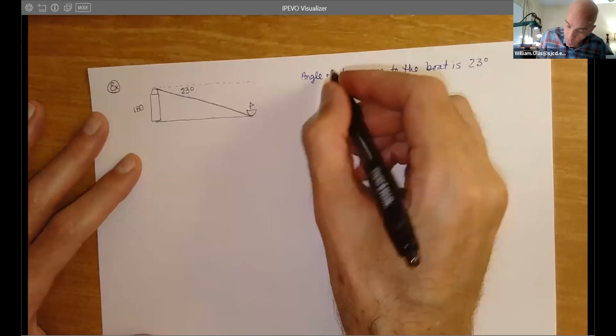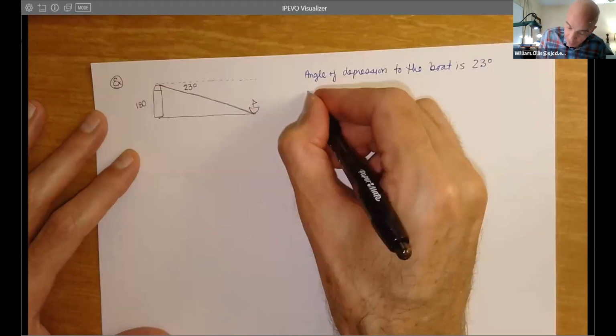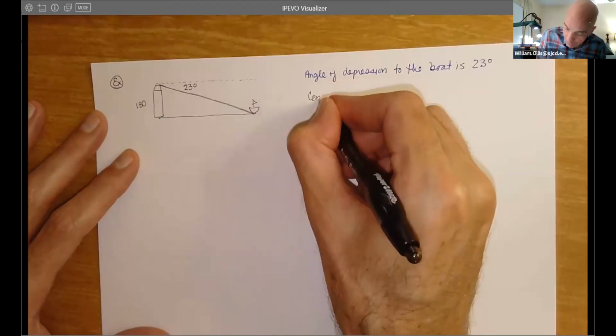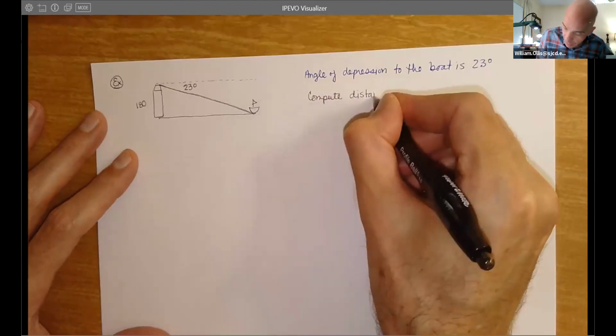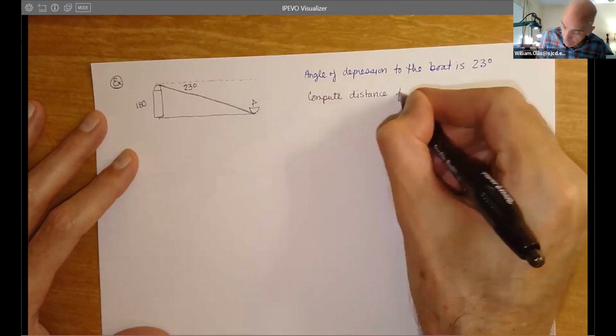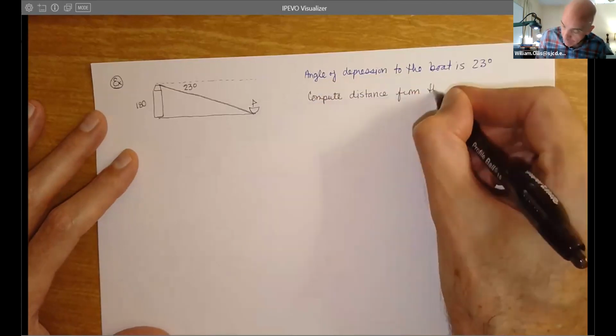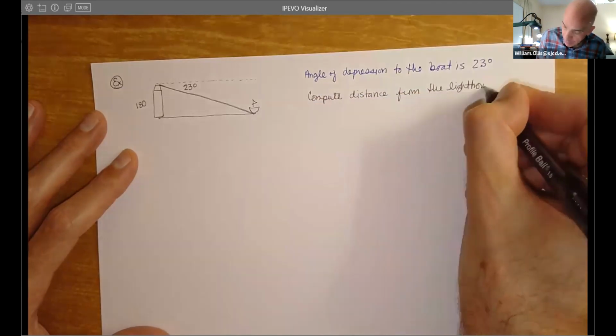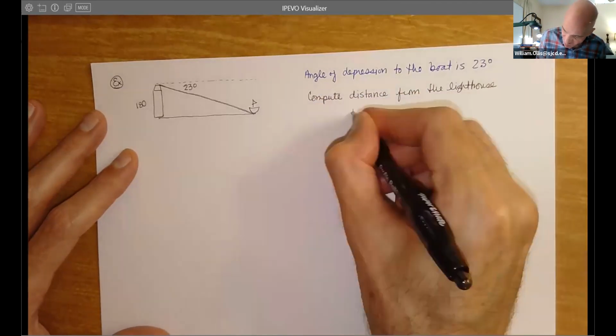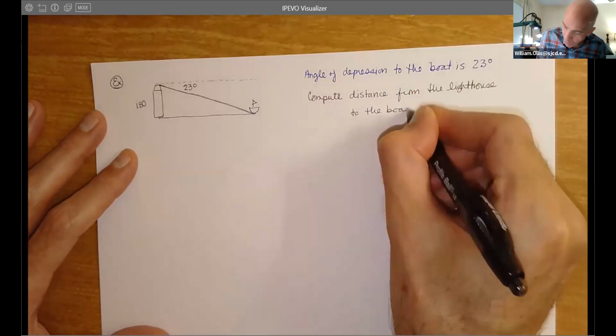And the question will be, compute the distance from the lighthouse to the boat. So again, a very simple problem.